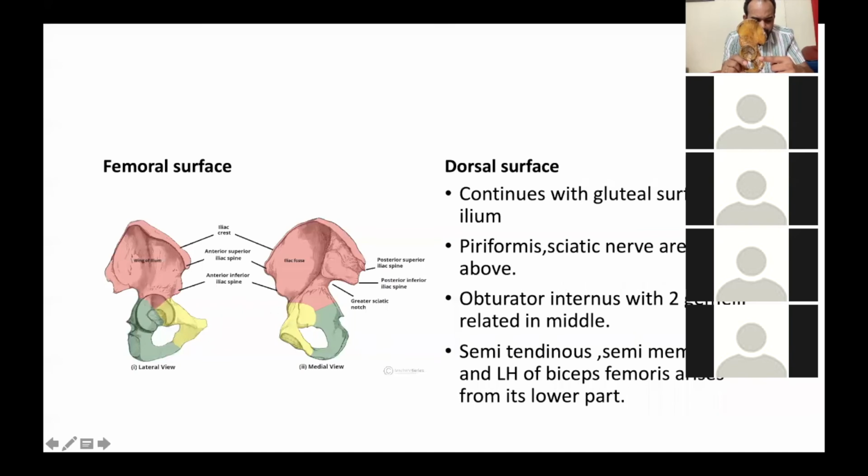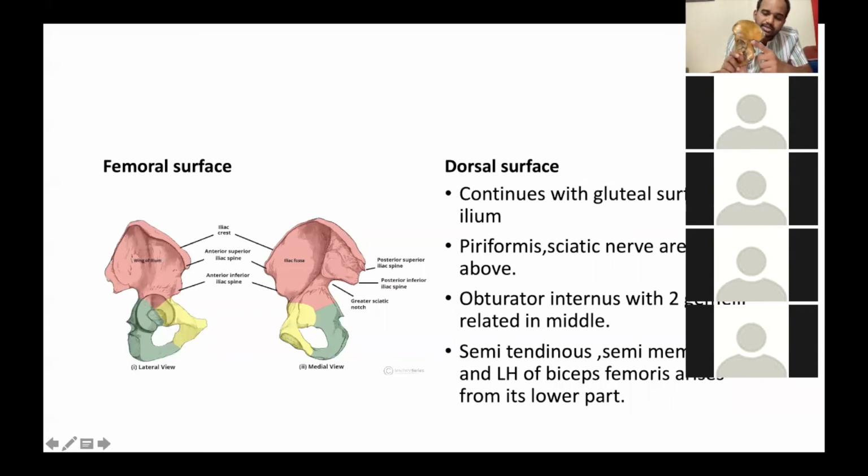The upper area is related to the sciatic nerve, the piriformis muscle, and also the quadratus femoris muscle. In the middle, this area is related to the obturator internus with the two gemelli muscles. In the lower part, this area is related to the semitendinosus, semimembranosus, and long head of biceps femoris.